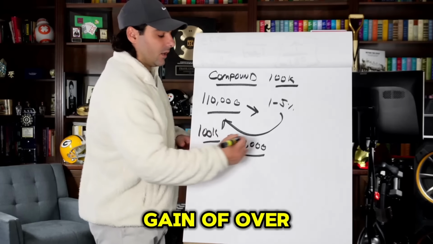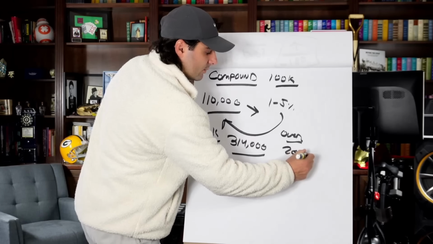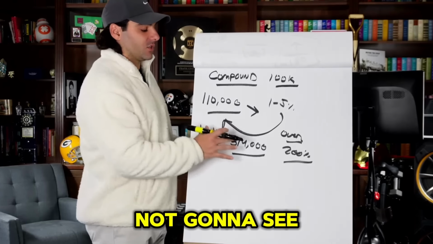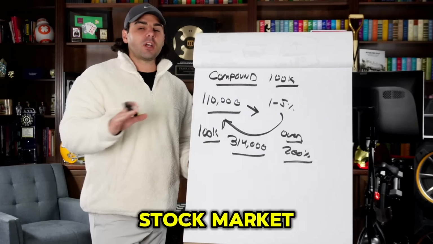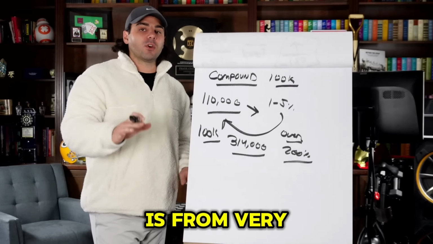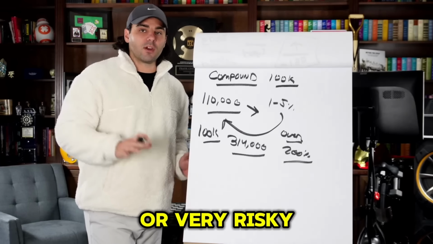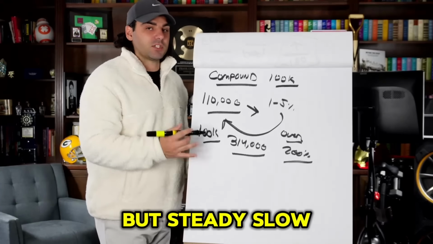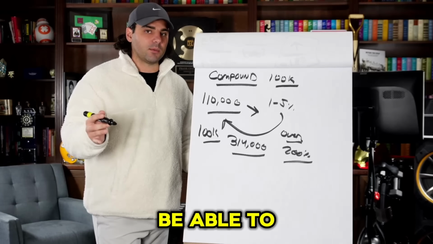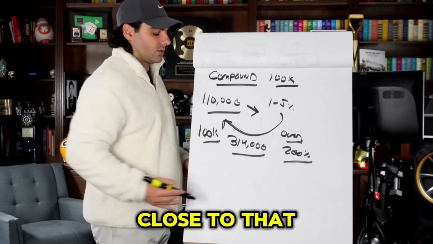That is a gain of over 200%, which you are not going to see anywhere in any type of investment vehicle, not from the stock market. The only way you'll see that is from very risky options or very risky crypto stuff. But steady, slow ROI, you're not going to be able to get anywhere close to that type of number.